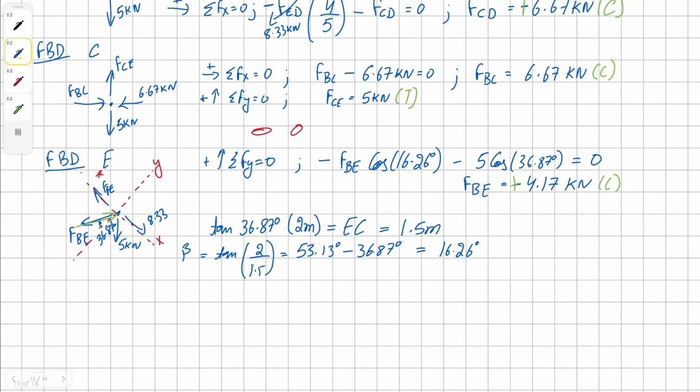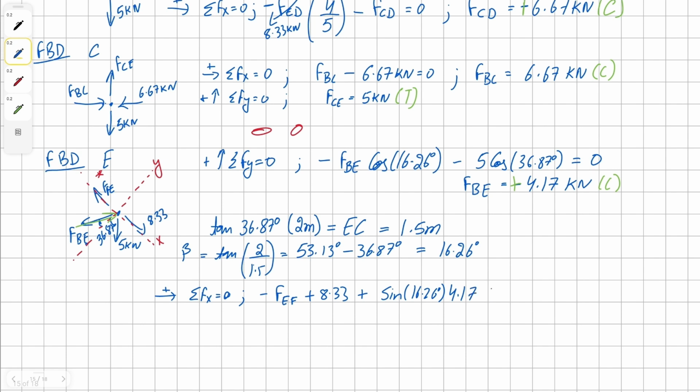Now we can sum the forces in x direction in order to find the value for force in member FE, which is simply going to be negative force FE plus 8.33. Then we're going to have positive horizontal component of BE, which is simply sine 16.26 degrees times our newly discovered value for force BE, which is 4.17.